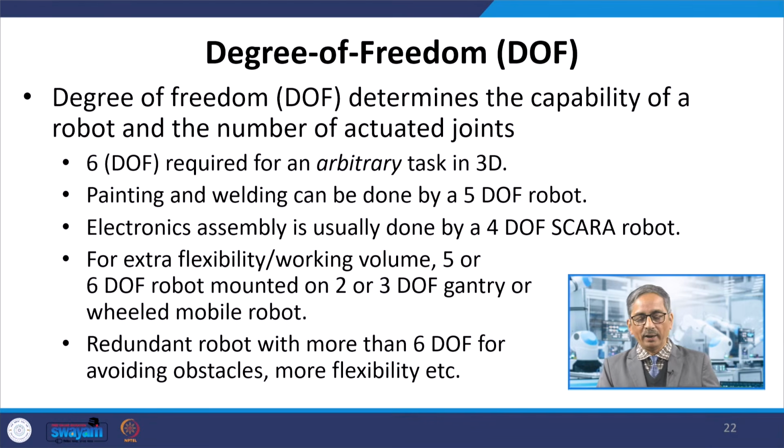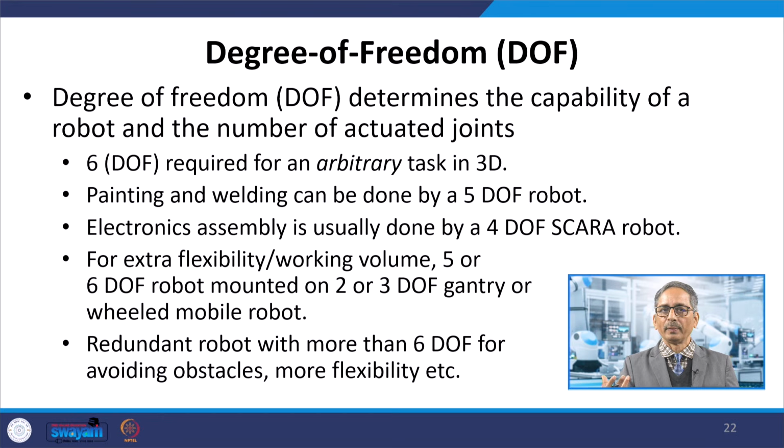Now, the classification could also be done based on degrees of freedom. The degrees of freedom determine the capability of a robot and the number of actuated joints. Any object in space has 6 degrees of freedom: 3 translational and 3 rotational.